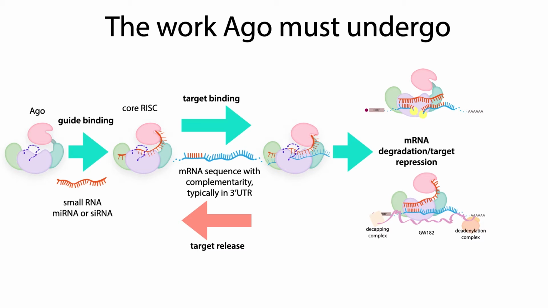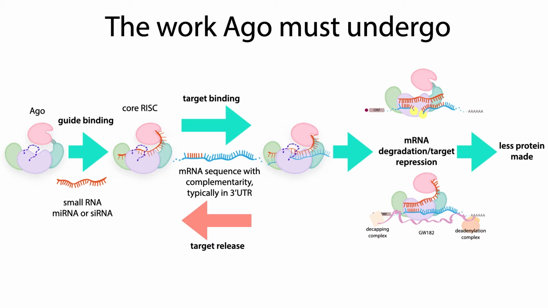In the case of only partial complementarity, as is the case with most animal microRNAs, AGO recruits cofactors, so it binds to the scaffolding protein of the GW182 family and brings in decapping and deadenylation complexes. Those remove the protective ends on the mRNA and initiate traditional mRNA decay pathways.